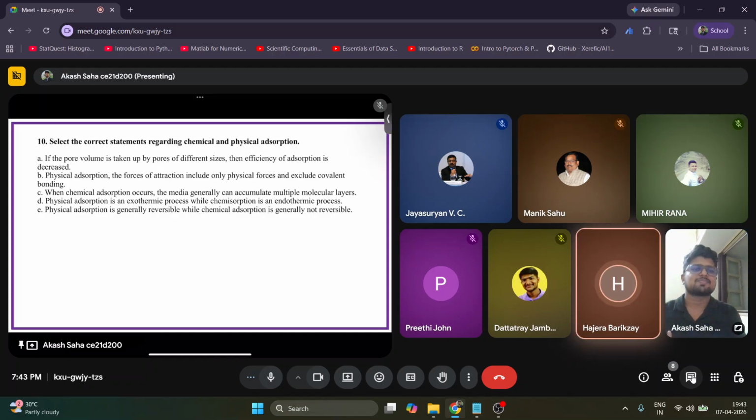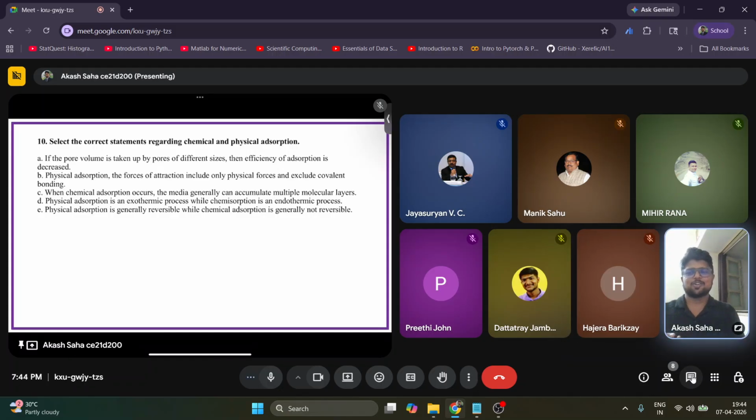Yes, it's wrong. So the adsorption efficiency will increase, because we want more contaminant to come and take up the pore volume. And the pore volume is not uniform; there will be various sizes of pores. So we need various sizes of molecules or particles to fill up that volume. So adsorption will be increased.